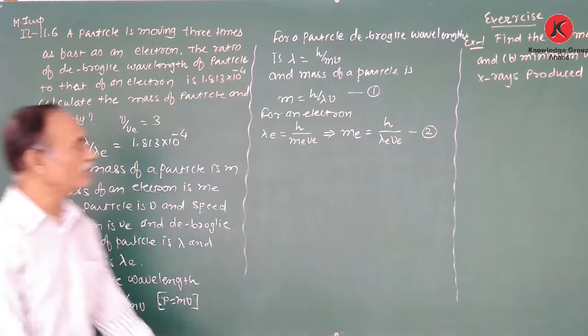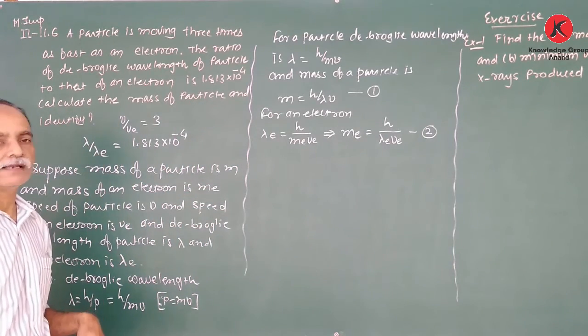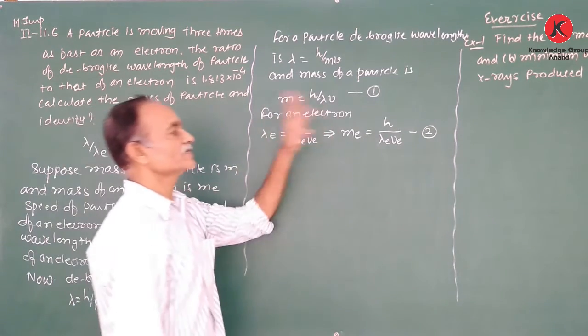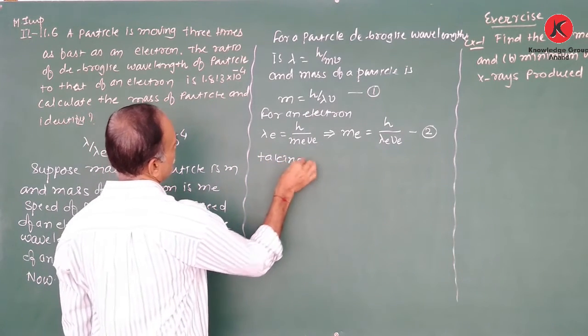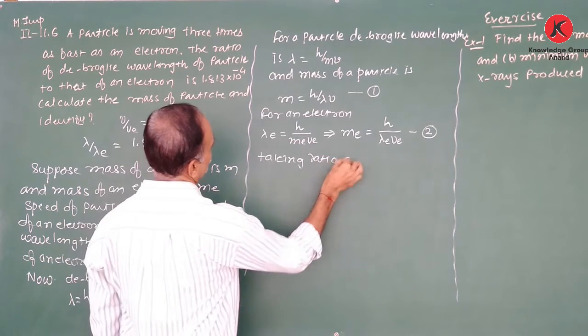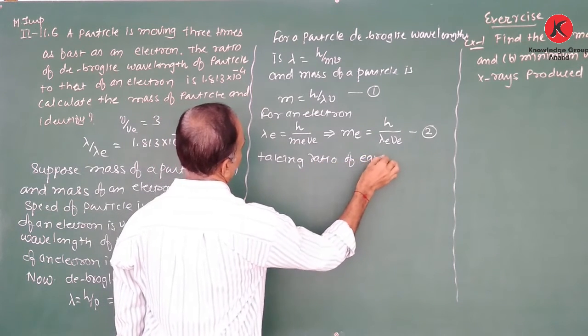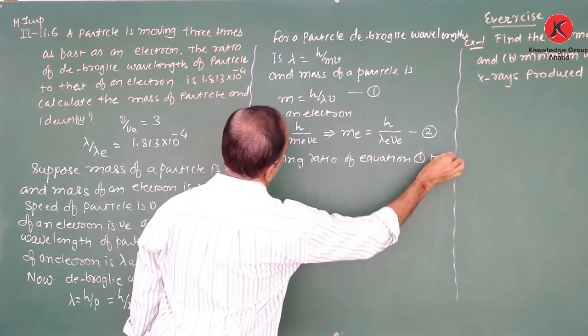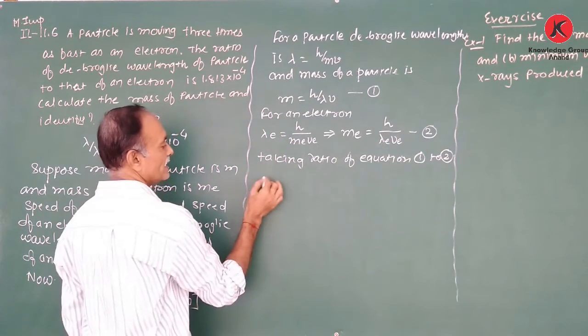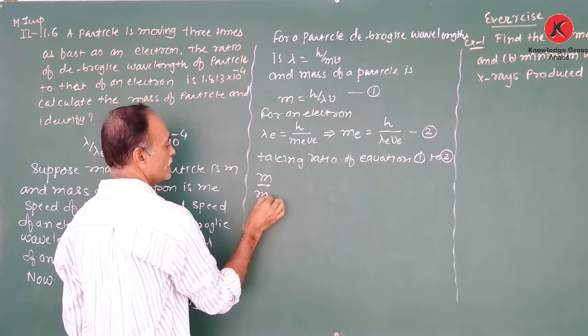Now we want to calculate the mass of a particle. Therefore, taking the ratio of equation 1 to 2, we can write m upon me.